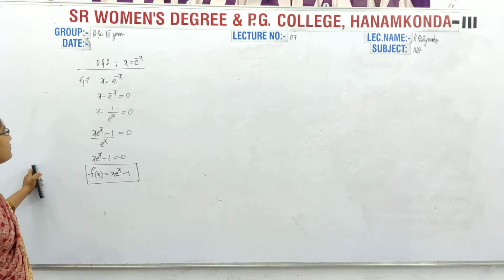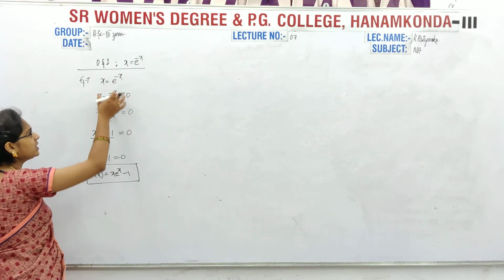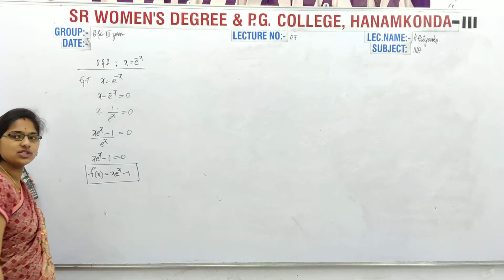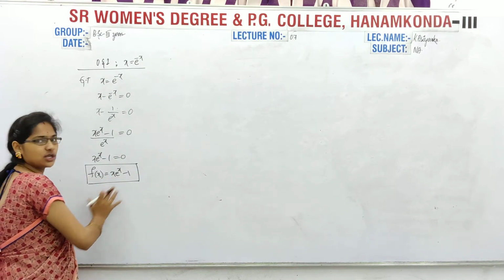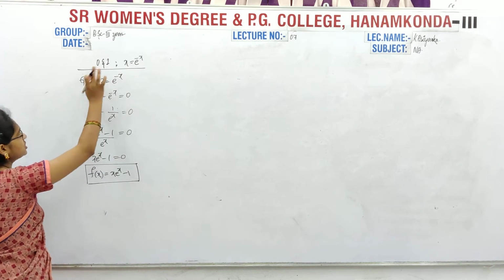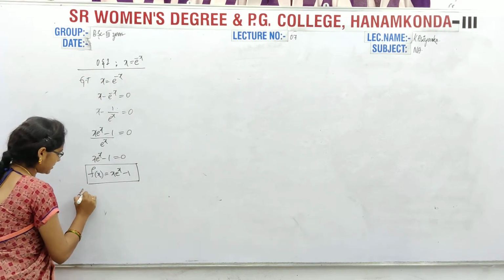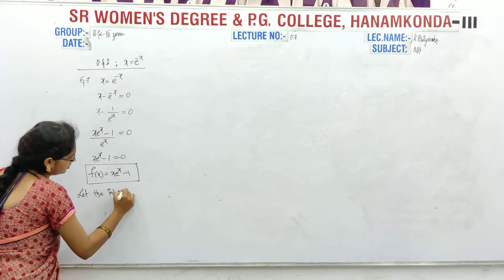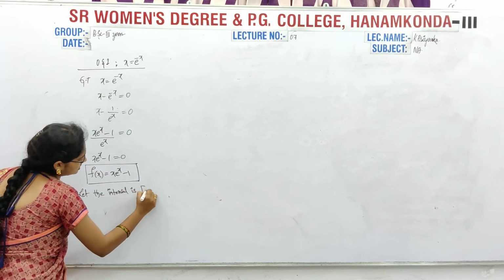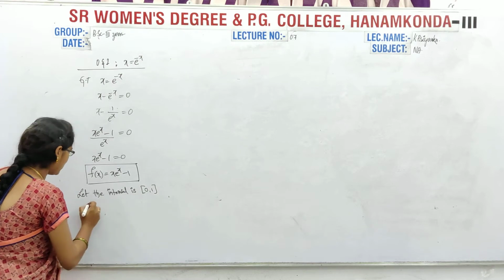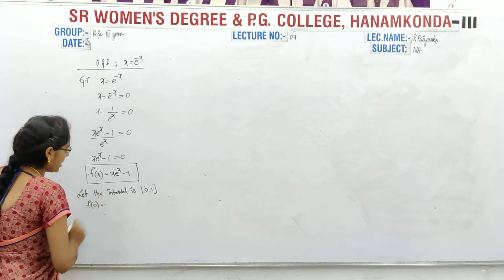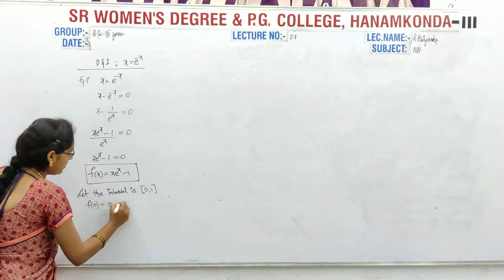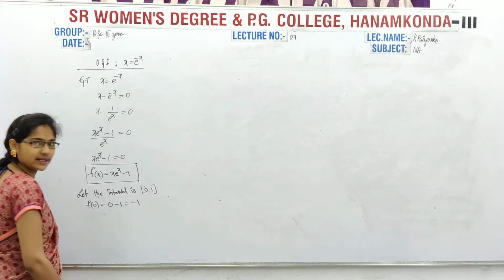So here they gave this equation, and every time we have to take the function in the form of f of x equal to something. And they mentioned 0 and 1, so let the interval be 0, 1. Now f of 0 means 0 into something is 0, minus 1, which is minus 1.